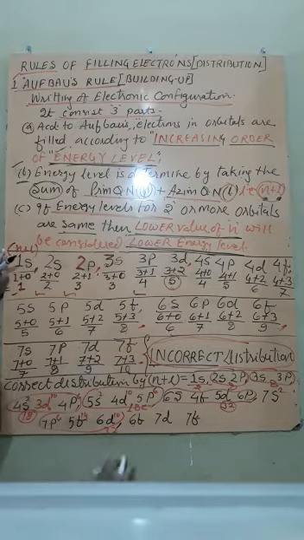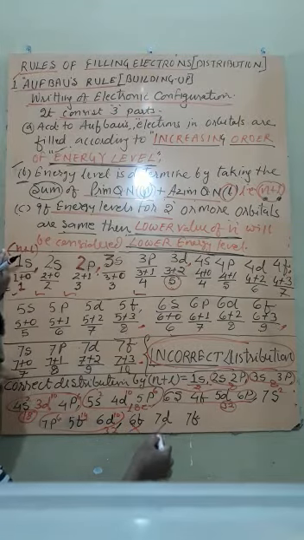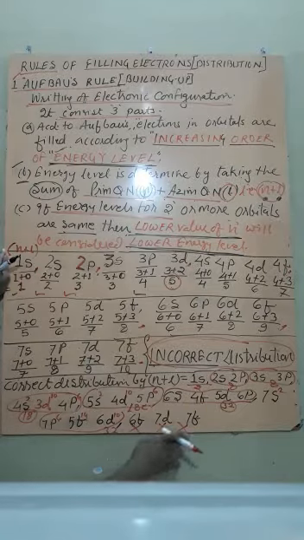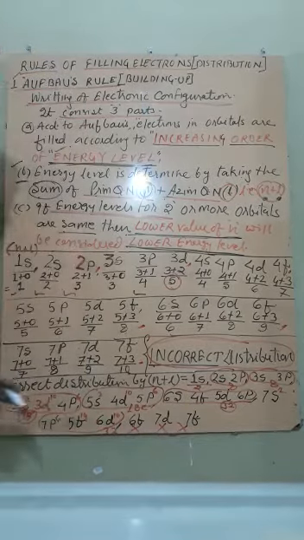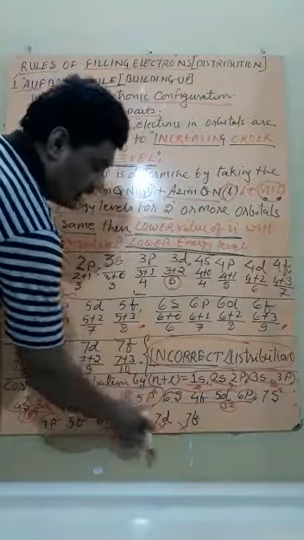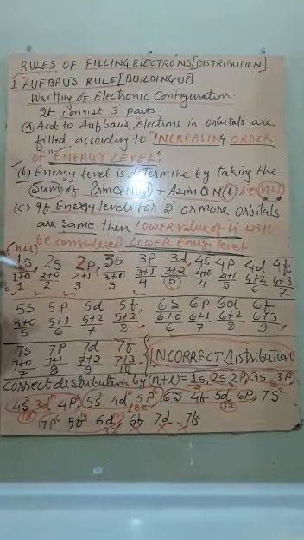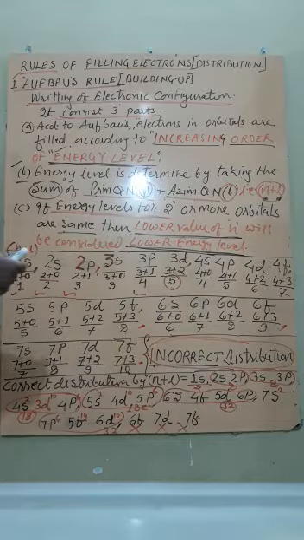This will be in one orbit, so there will be 32 electrons, and there is no chance of 6f according to chemistry, no chance of 7d and no chance of 7f. So these three orbitals should not be present in any atom. This is the correct sequence according to Aufbau's principle. Now student, I will give its image.